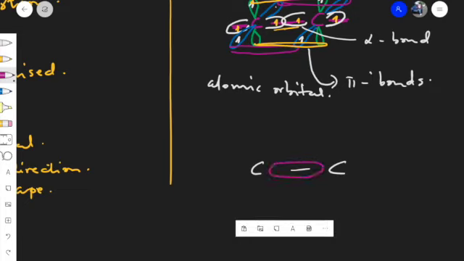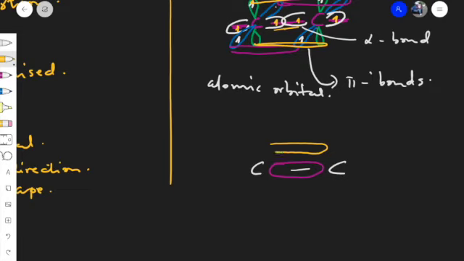You have these electrons that are hybridized. The other electrons are going to overlap, they are going to merge. They will look like this, and then the other electrons will overlap and form something like this, right?